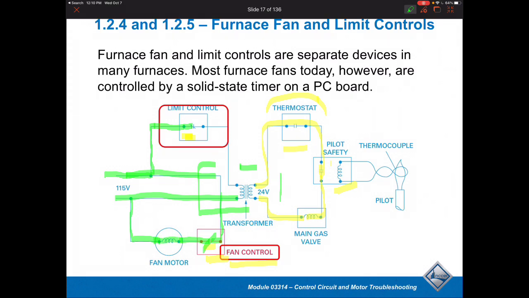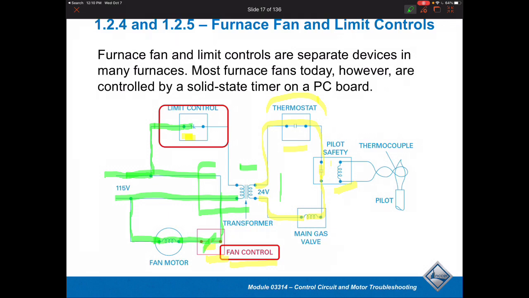So we have all those limits. Now, most of the time, a lot of these limits and the fan controls are built into a circuit board nowadays, based on some sort of timing as opposed to, let's call it, a thermal device. The limit controls would not be. However, they would be wired directly into a circuit board, usually in series with the gas valve.